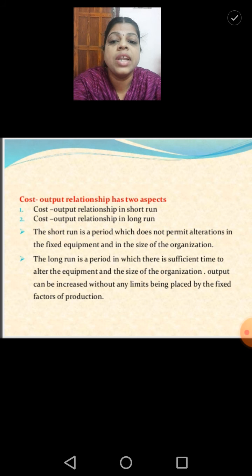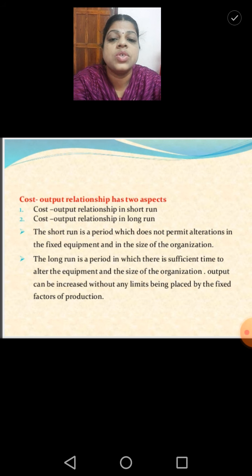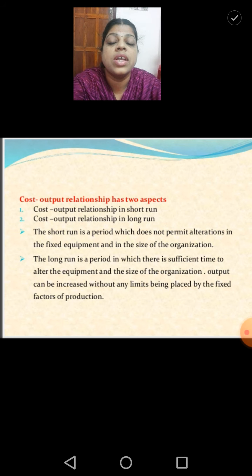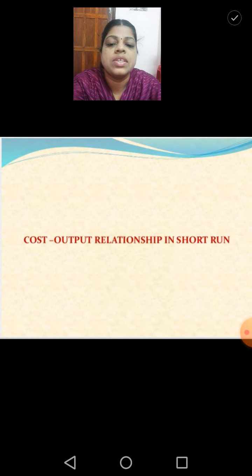But in the short run, there is only a short duration. So in such a duration, we change only the variable factors while keeping the fixed factors constant. So children, this is about the cost-output relation related to the time periods.